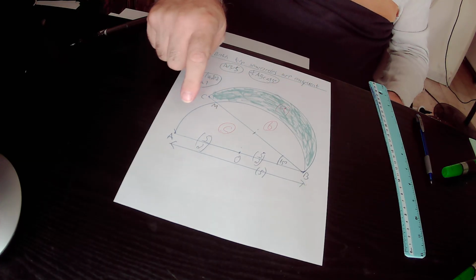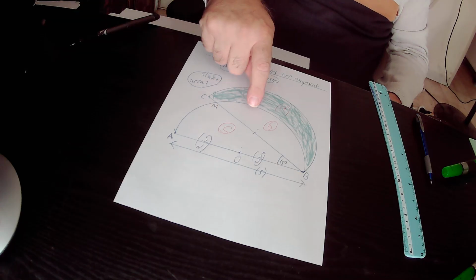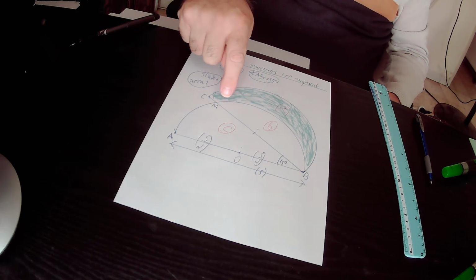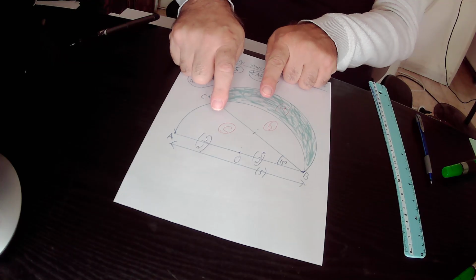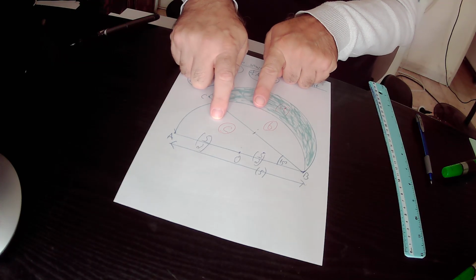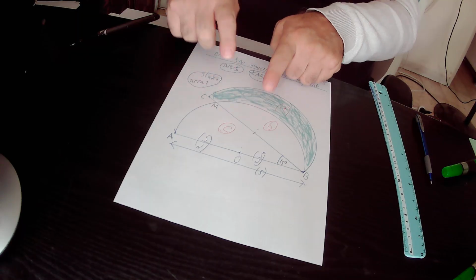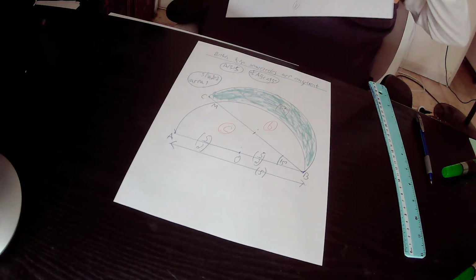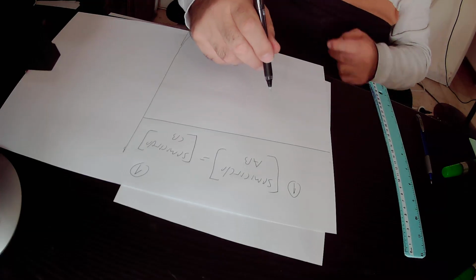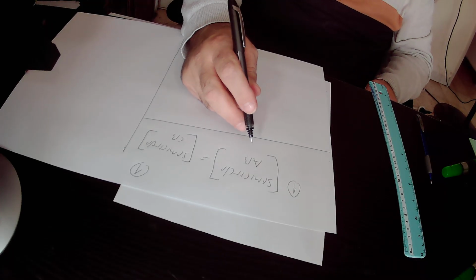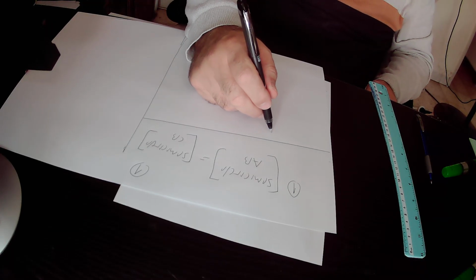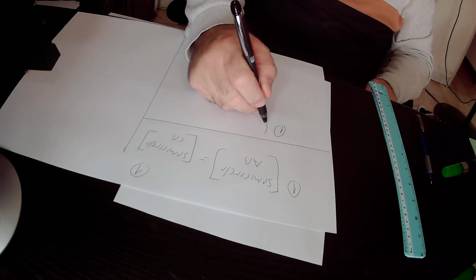The area of this shape MAB is C, the area of this ladder shape is B. So in total, the area of semicircle AB equals B plus C square units in size.